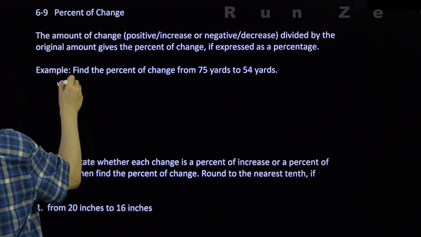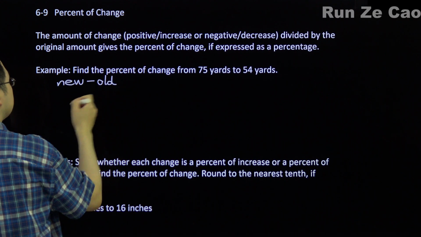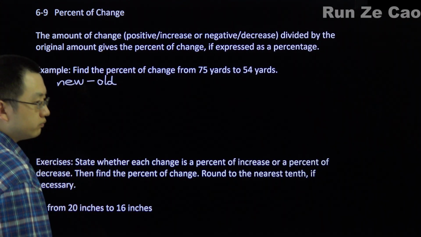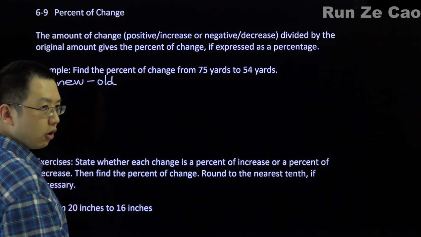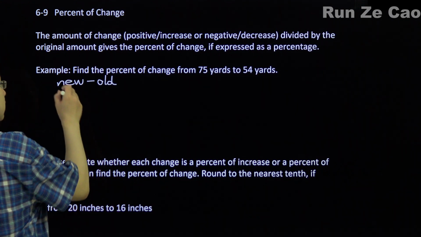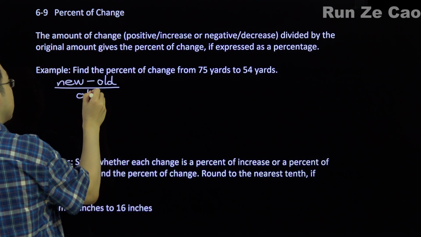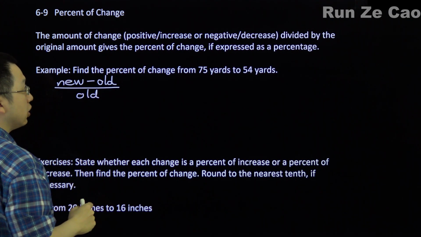You express this with difference: the new measurement minus the old measurement. What does this do? Well, if the new measurement is bigger, then subtracting the old gives you positive. And if you divide by the old, you get how big the increase is proportional to the original amount.